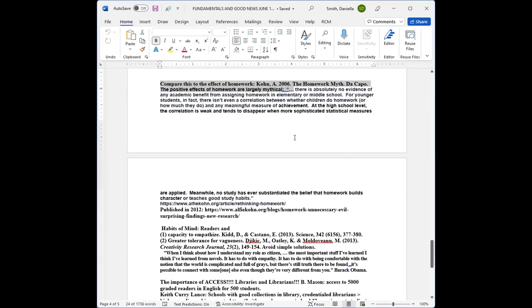And in high school, the prediction is very, very tiny, but it disappears when you do statistics correctly, okay? And if you think that homework builds character and discipline, study habits, Alfie Kohn finds no study has ever shown that. Look, guys, if kids spent that time reading for pleasure, the world would be better off and we'd have so much more fun in life, because that's where our knowledge comes from.